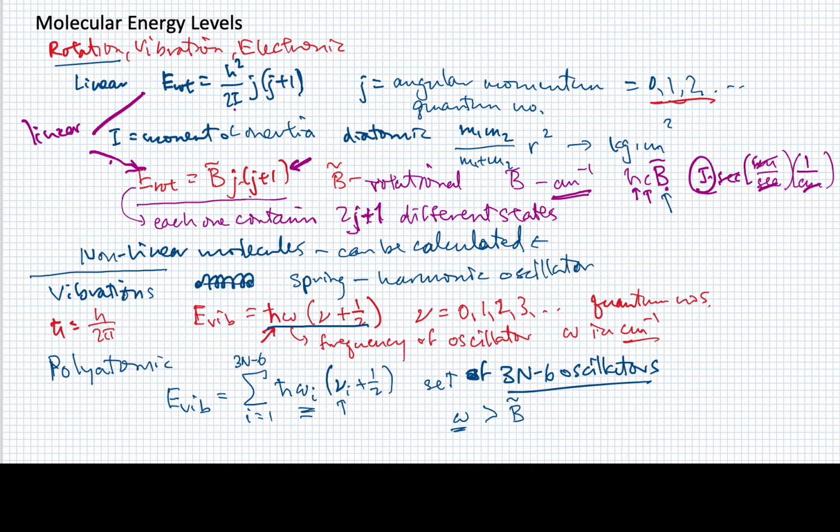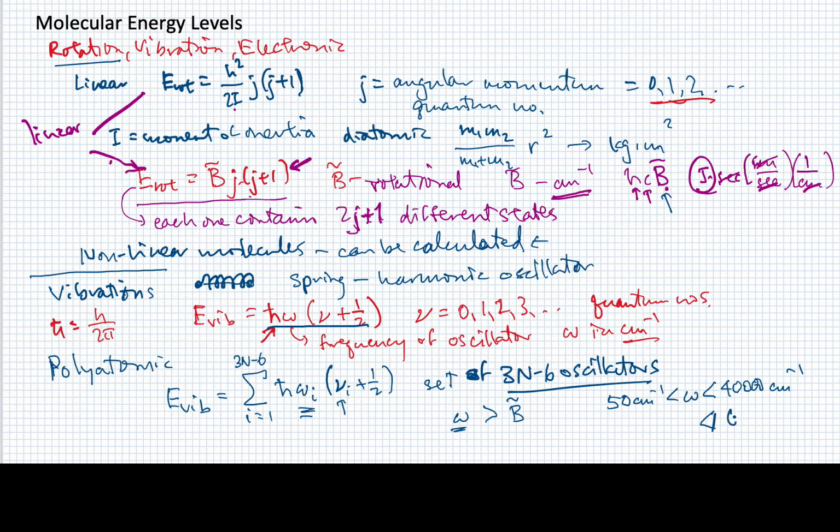In fact, when I write them both in wave numbers, I find that typically the harmonic oscillator frequency is going to range from anywhere between 50 and 4,000 wave numbers. Whereas for B, the very largest B that I can quote for you is about 60 wave numbers.